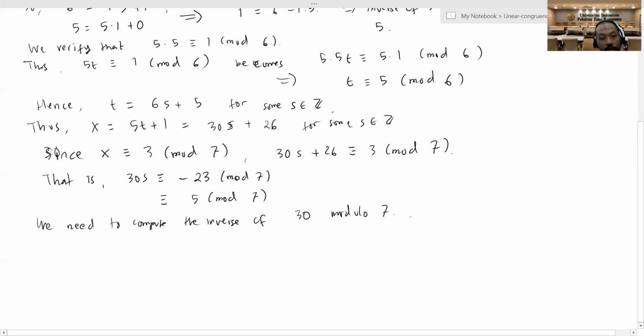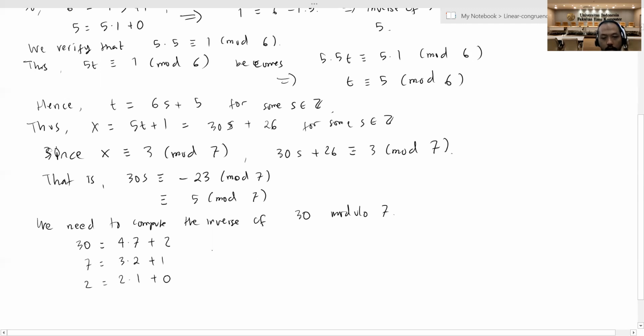So we perform the GCD computation. We know that 30 is 4 times 7 plus 2, and then 7 is 3 times 2 plus 1, and then of course 2 is 2 times 1 plus 0.